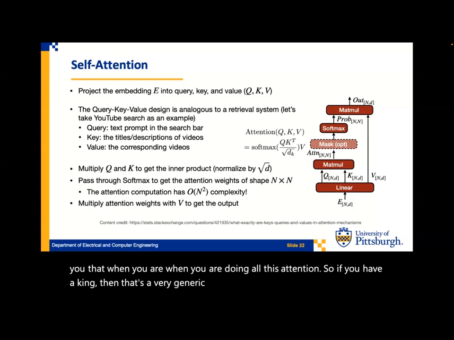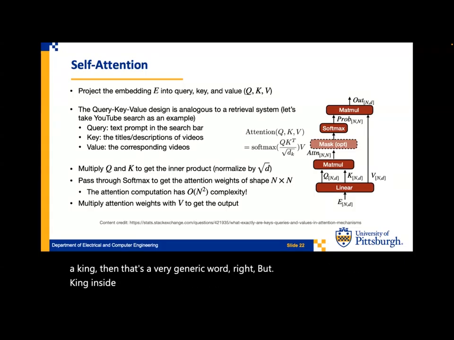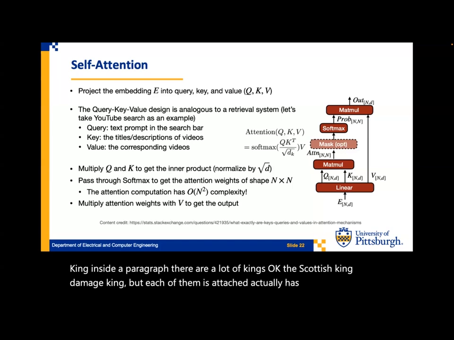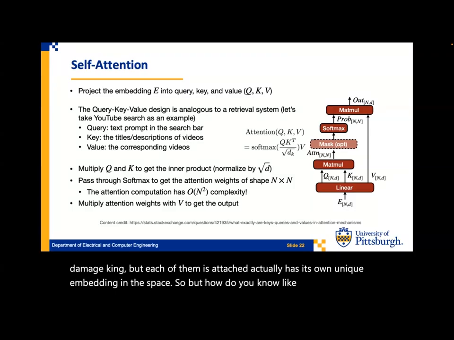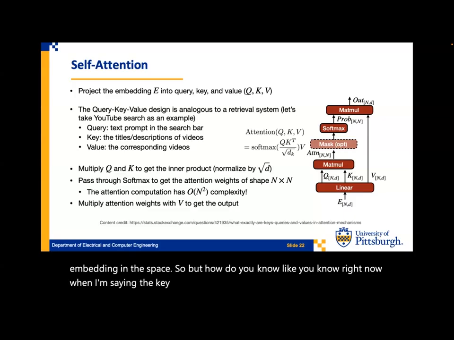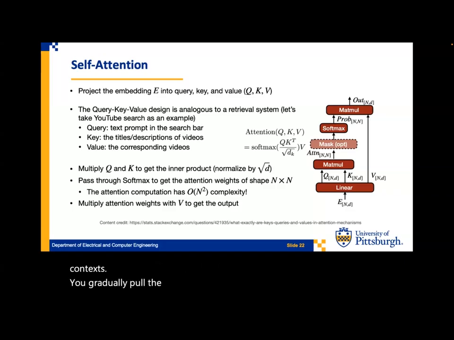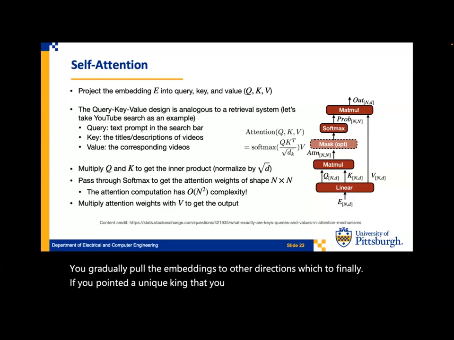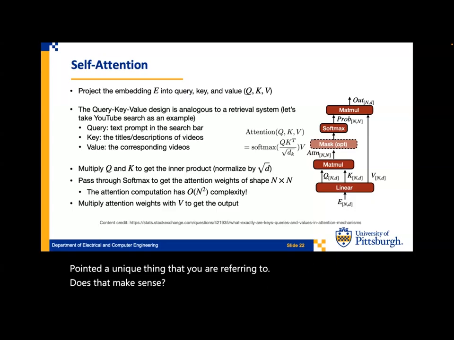But inside a paragraph, there are a lot of kings: the Scottish king, the Danish king, and each has its own unique embedding in the space. How do you know which king I'm referring to right now? By doing attention of king with all the surrounding contexts, you gradually pull the embeddings in other directions, finally pointing to the unique king that you are referring to. Does that make sense?